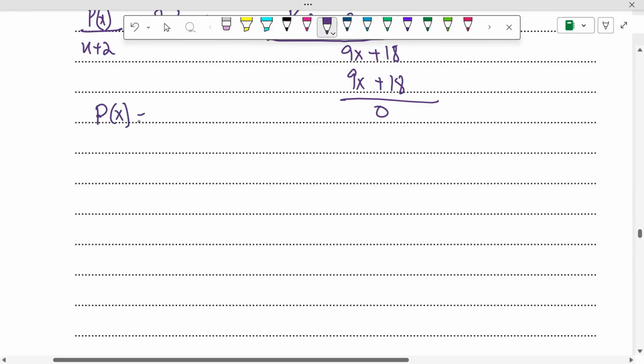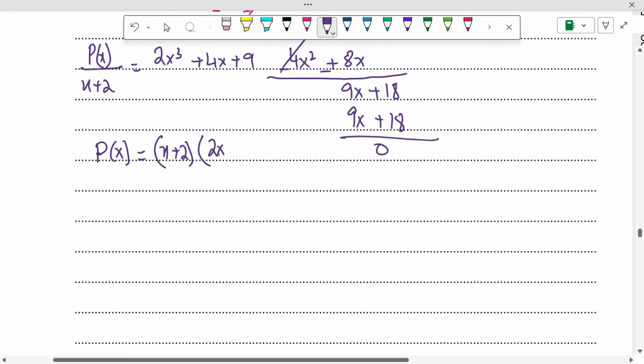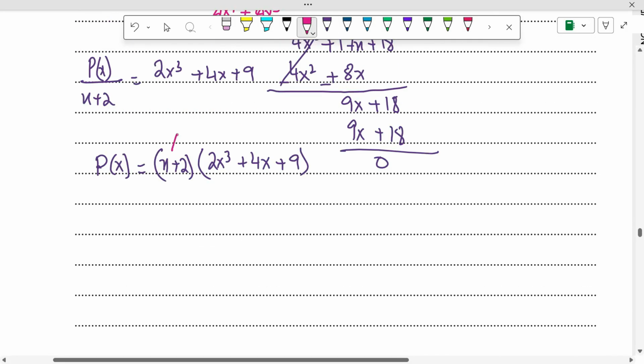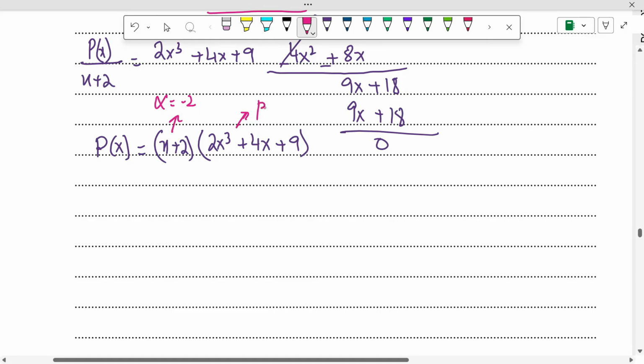P of x is equal to x plus 2 times the other factor, which is 2x cubed plus 4x plus 9. Now this factor gives alpha, which is negative 2. Now we need to find the value of beta from this equation.